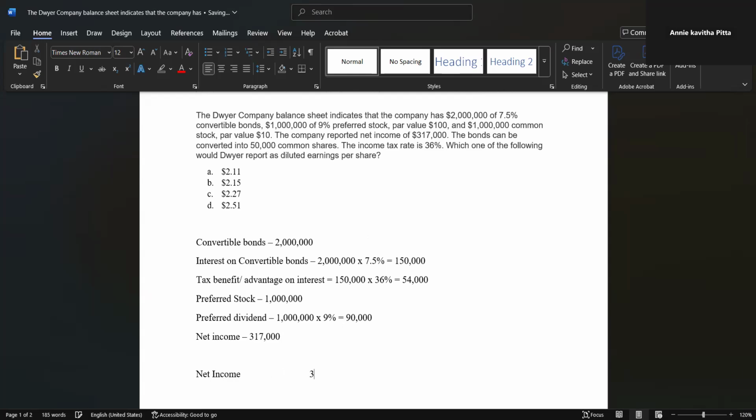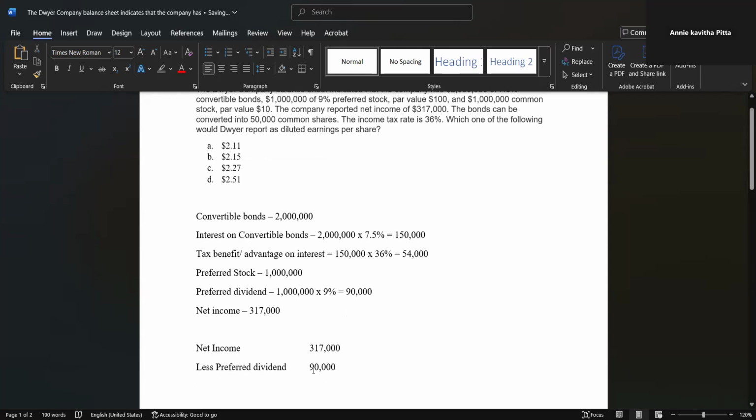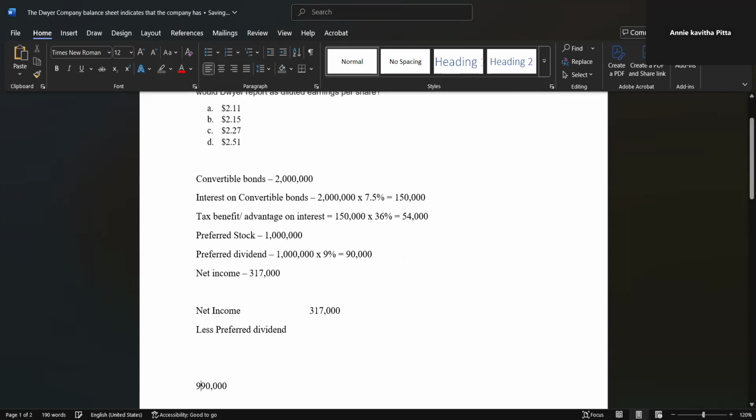Net income we have as 317,000. From that, less preferred dividend. Preferred dividend is 90,000, that is 1 million into 9%. Once this is deducted, the balance is the net income of common equity shareholders.